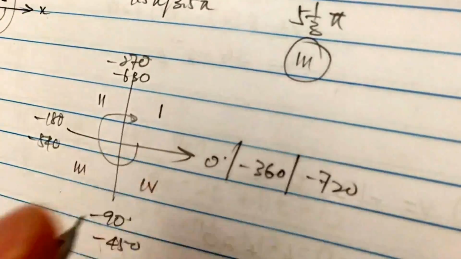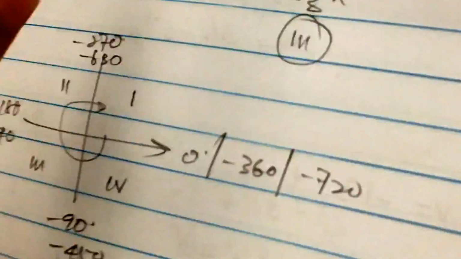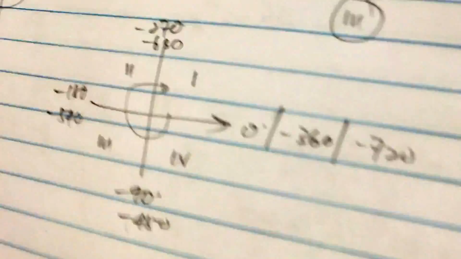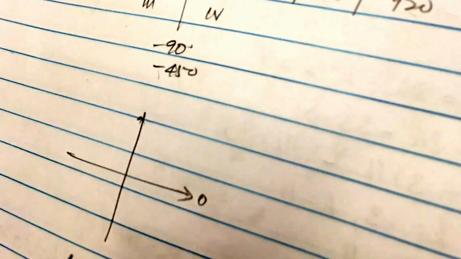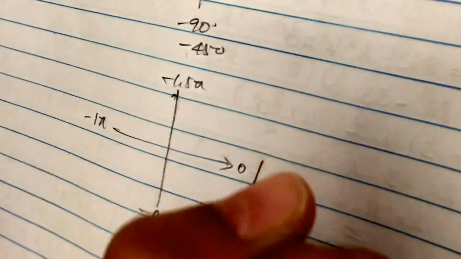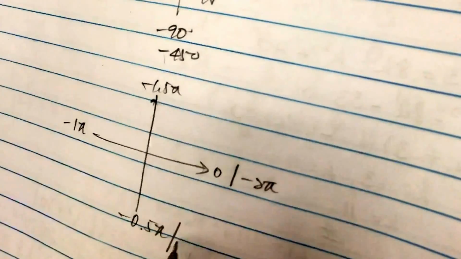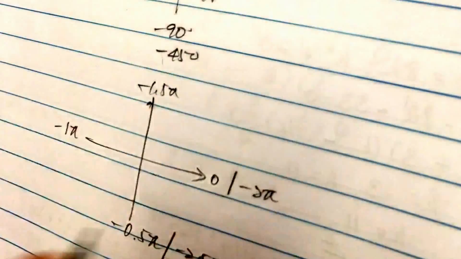They won't swap. The 1, 2, 3, 4 is always the same. Then in radians, it becomes negative also: 0, -0.5 pi, -1 pi, -1.5 pi, -2 pi, -2.5 pi, and so on.